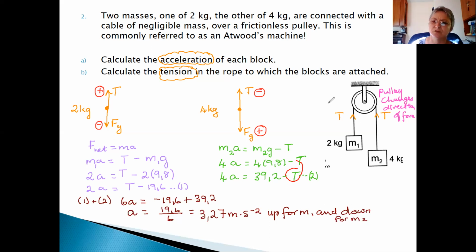So this thing is going to accelerate clockwise. That's the direction of the acceleration.